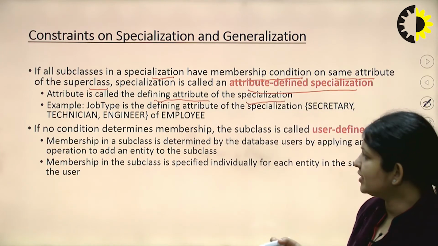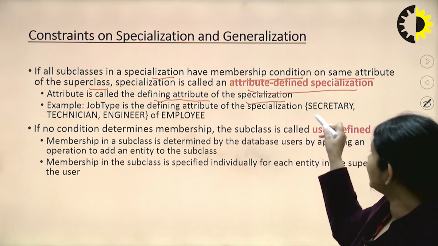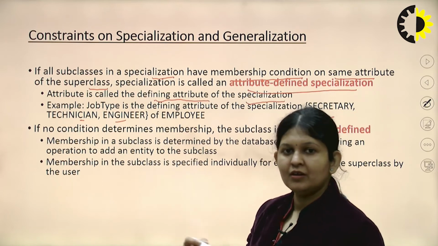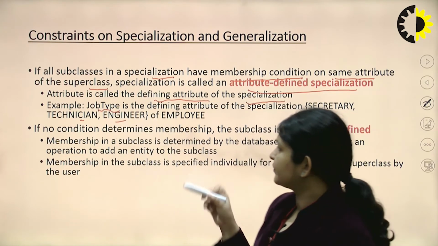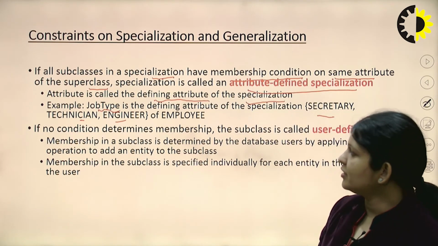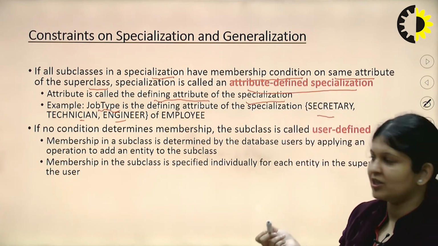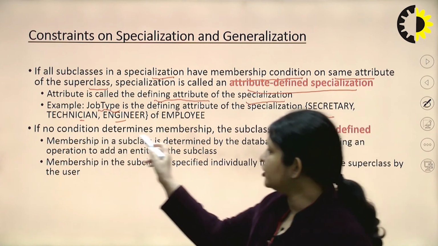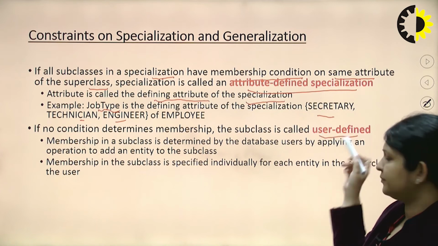Like we have seen, we categorized the employee into secretary, technician and engineer based upon one attribute, the job type. So here the defining attribute is the job type, and this kind of specialization we call attribute defined specialization. We may also have a case where no condition determines the membership; the subclass is called user defined.